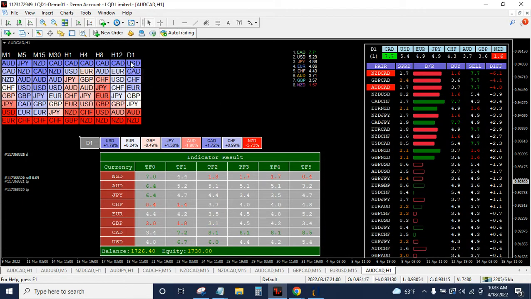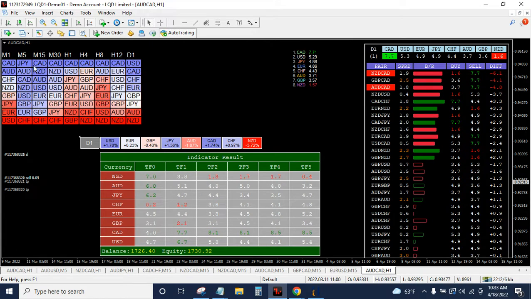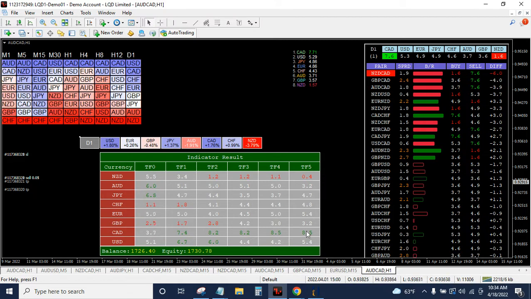Looking at this, you can see that CAD was aligned on three of them. I'm just coming late to the screen, maybe it was aligned on more than that, but it met the criteria here. Three of the highest time frames were aligned. Eight or better will be aligned here for all six selected time frames. Then here it has to be eight or better.